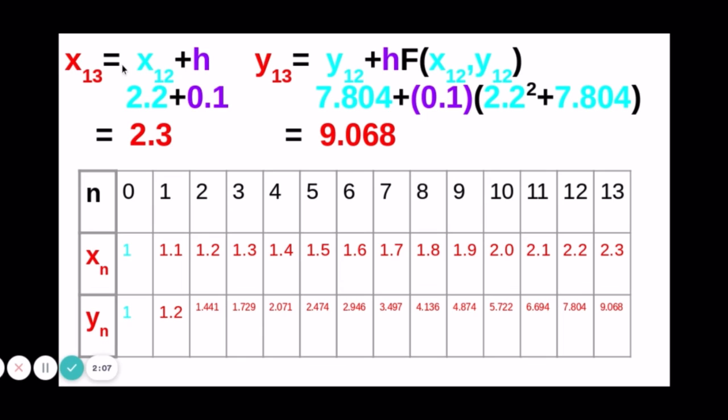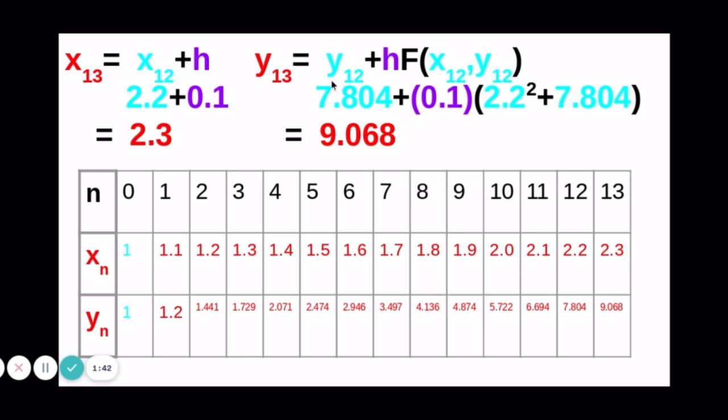And even when you get high numbers like x13, y13, you're just repeating the exact same process where we're traveling along the tangent line at this point by the change in x, which is 0.1. So we're adding 0.1 to x12 to find x13.